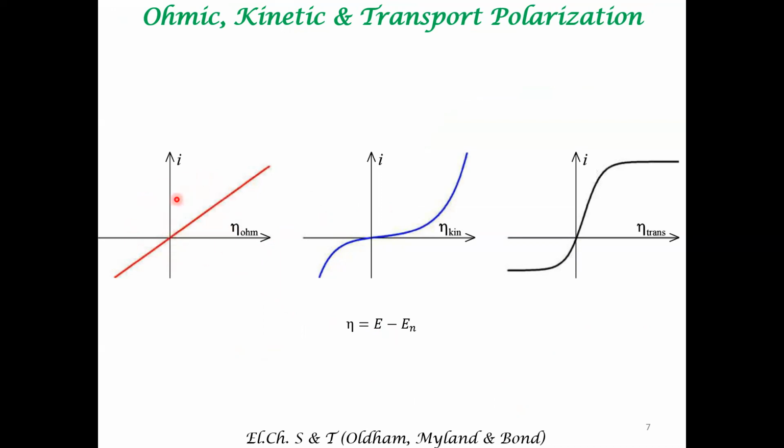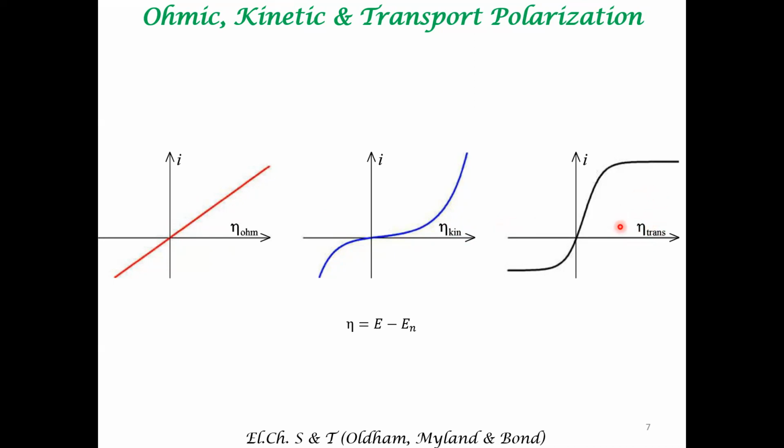This is the simplest, which we presented first: the ohmic overpotential, the IR drop that exists in the bulk of the electrolyte. Then, over a few lectures, we presented the reasons behind the kinetic, or activation, overpotential or activation polarization. That would have this form. And then there is this eta transport, which we presented in this lecture.